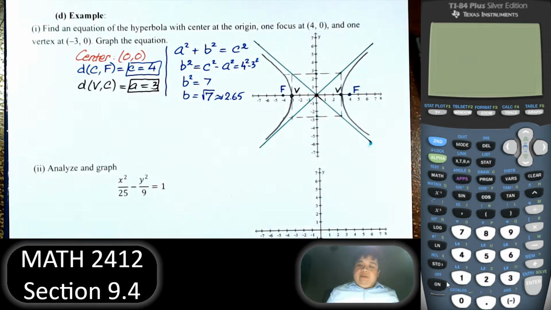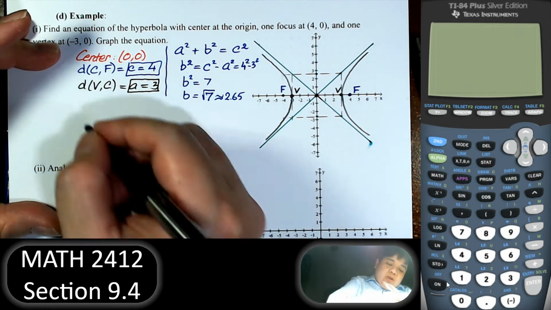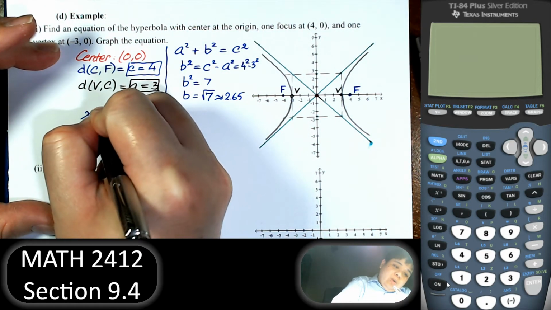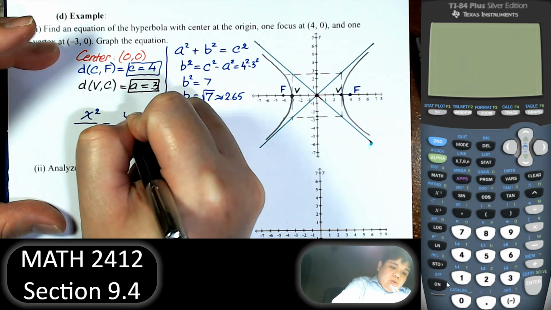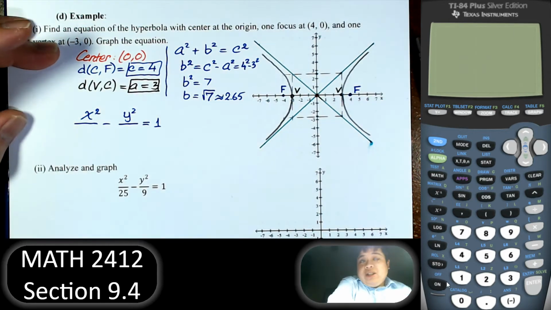So that's what we have. Right, so that is the graph in terms of equation. This one is horizontal, so we're going to start with x squared minus y squared equal to 1. Now the rest is easy.